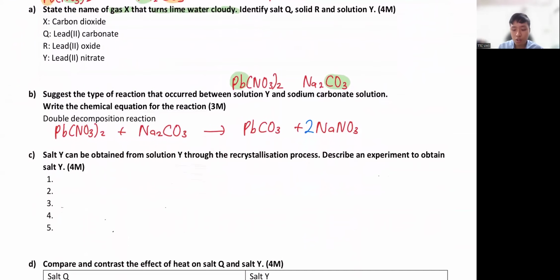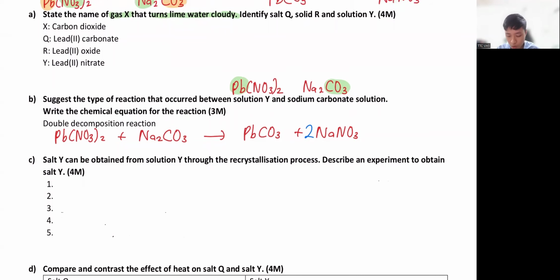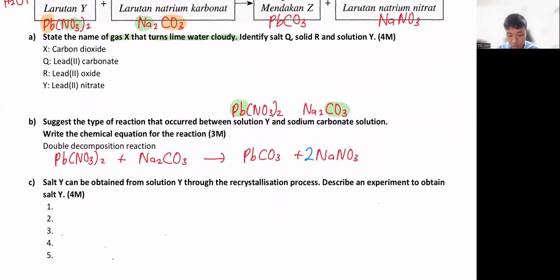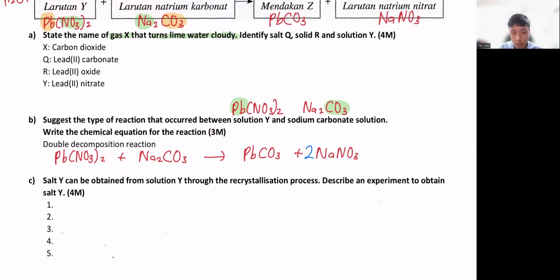In the other question, you can just screenshot. Salt Y can be obtained from solution Y through the recrystallization process. Salt Y is Pb nitrate. How do we get Pb nitrate?